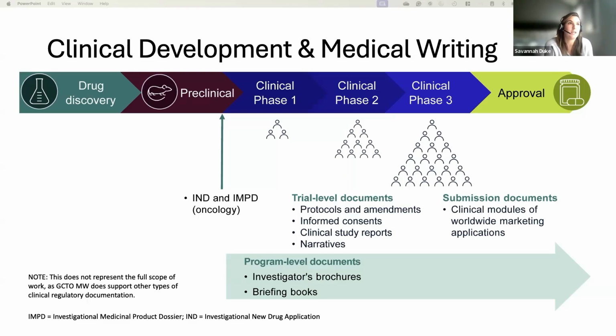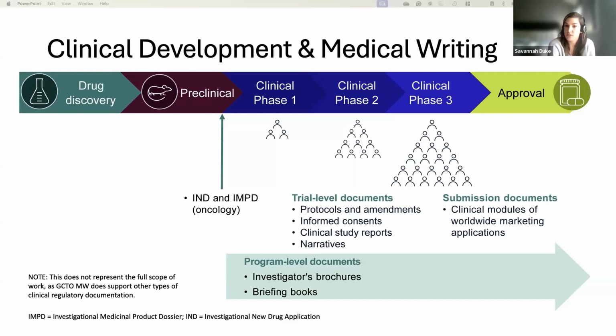As you can see, we have trial level documents such as protocols and amendments. We have the informed consent forms, which go to the patients to make sure that they understand what they're signing up for when they enroll in a clinical study. The bread and butter of medical writing is the clinical study report, where we prepare all the efficacy and safety data.